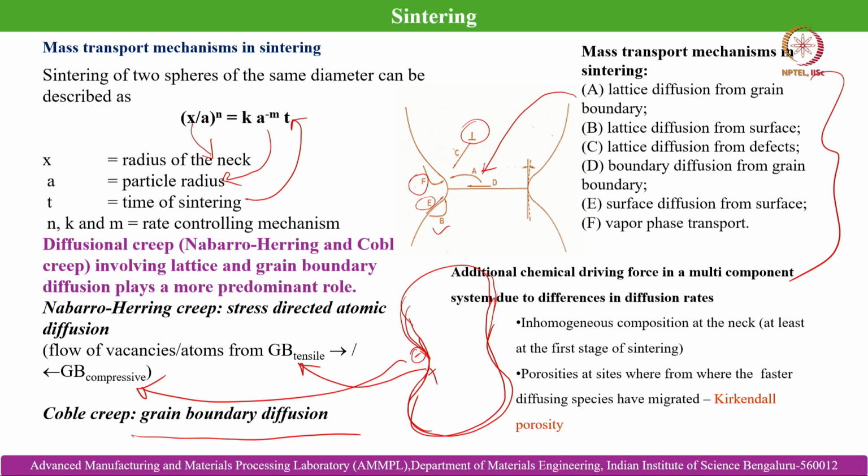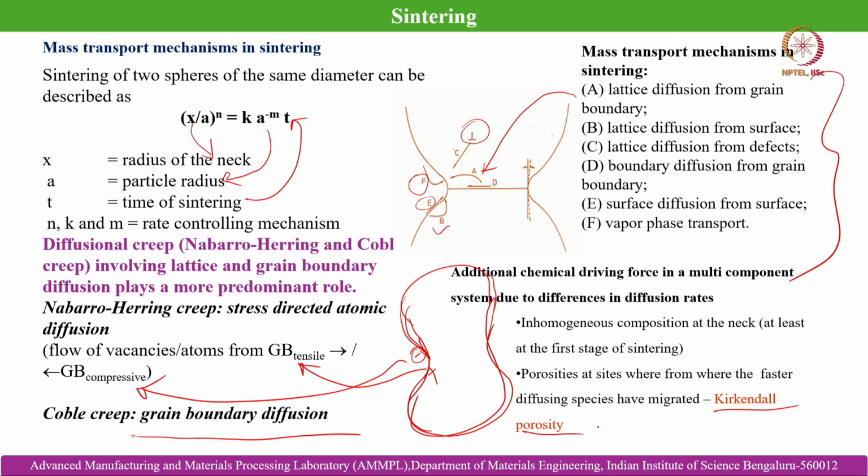So additional chemical driving force in a multi component system is also possible due to differences in diffusion rates. This is caused by the inhomogeneous composition at the neck, at least at the first stage of sintering, with porosities at sites where the faster diffusing species have migrated, which is called Kirkendall porosity.